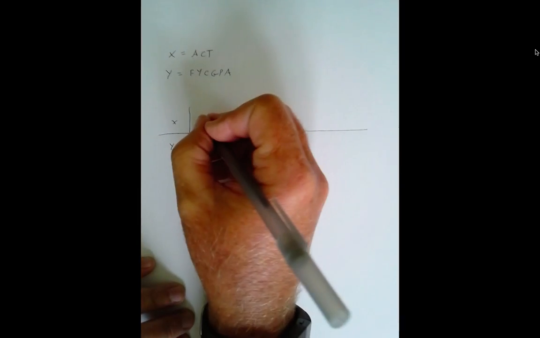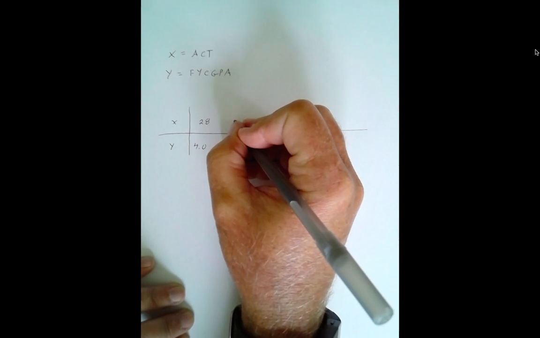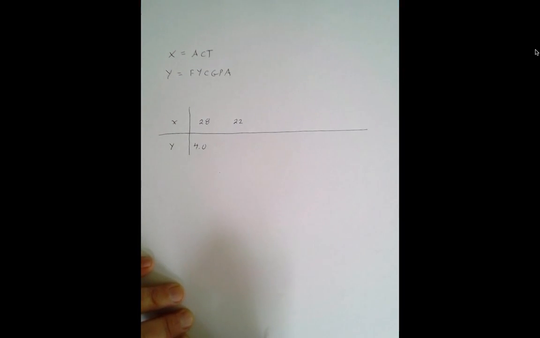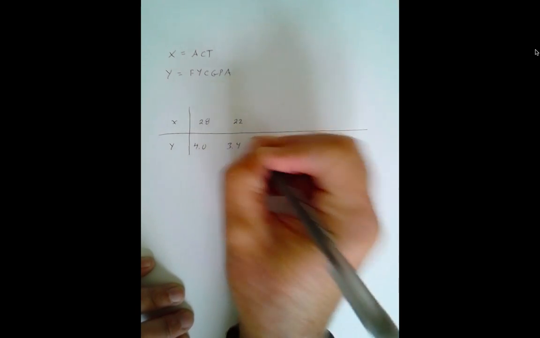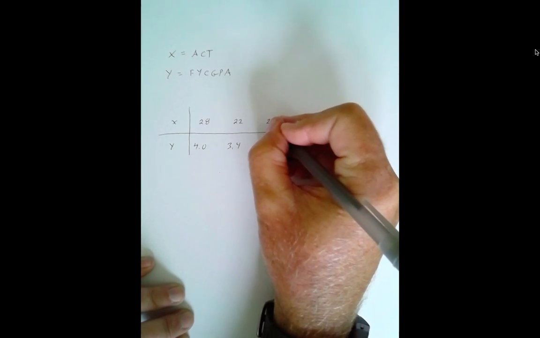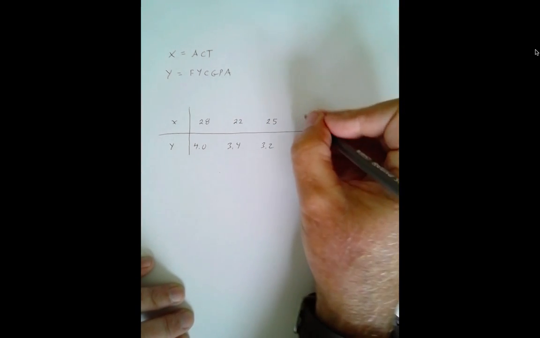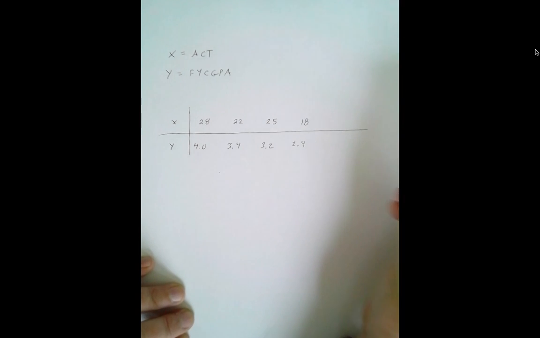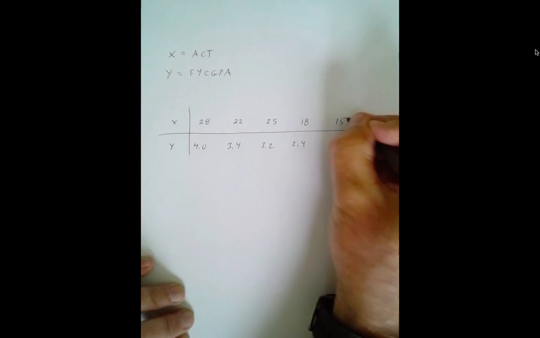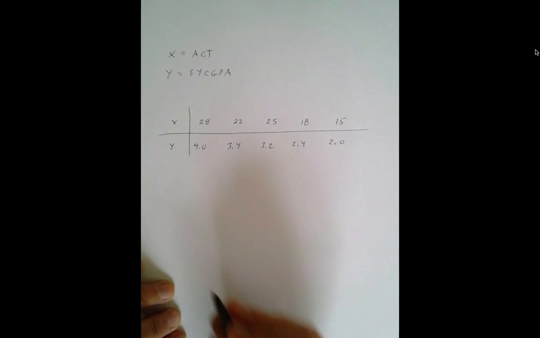So the first student had a 28 on their ACT. In their first year they had a 4.0. And the next student had a 22 and they had a 3.4. We have another student with a 25 and they had a 3.2. And let's say we had a student with an 18 who had a 2.4. And let's say we had a student with a 15 who had a 2.0.